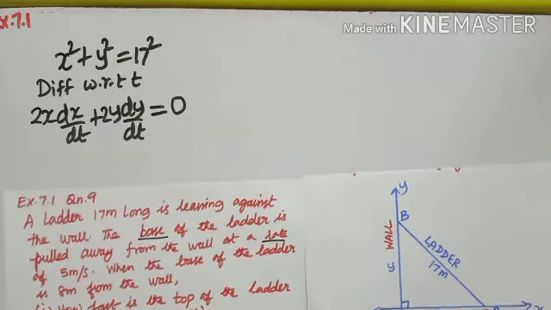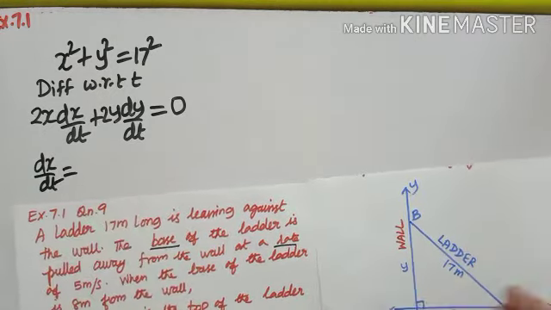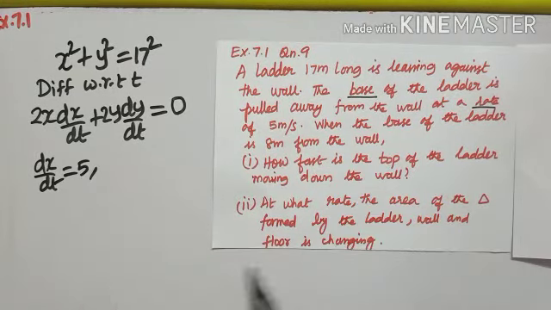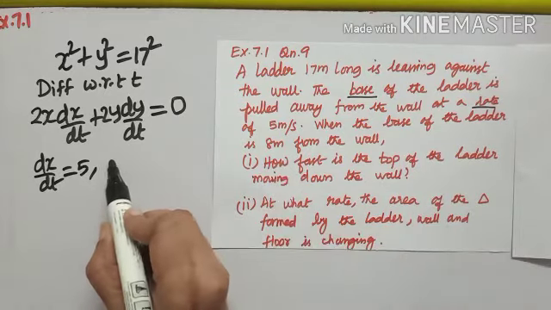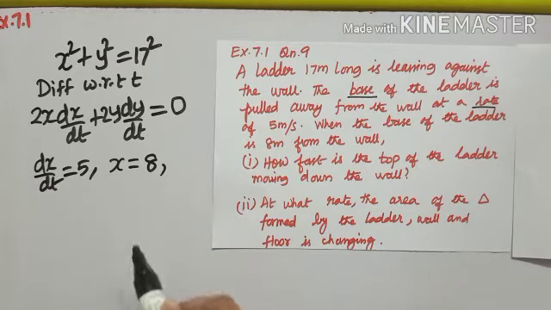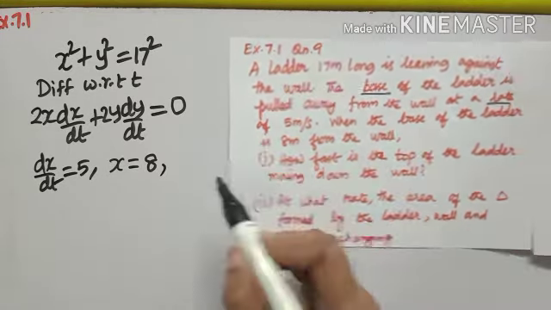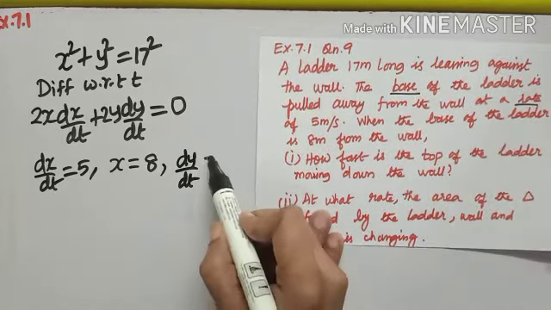So rate of that means dx by dt equals, from the question, 5. When the base of the ladder is 8 from the wall, the base length we have taken x, so x is equal to 8. How fast is the top of the ladder? So dy by dt is the question.